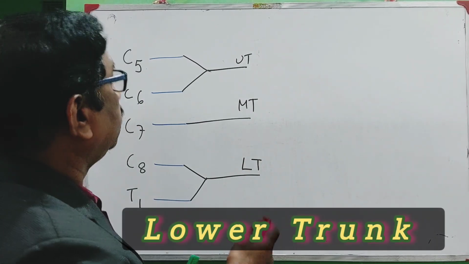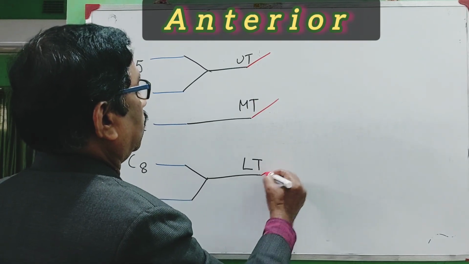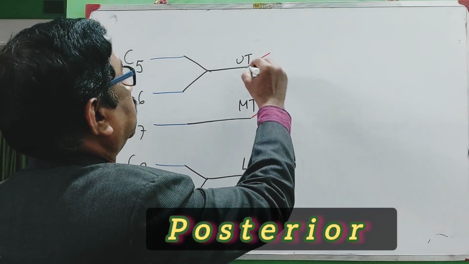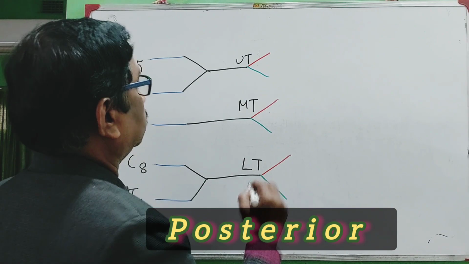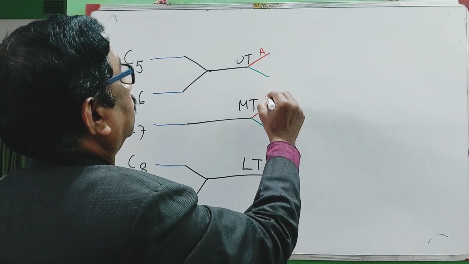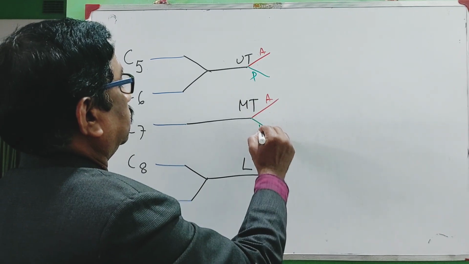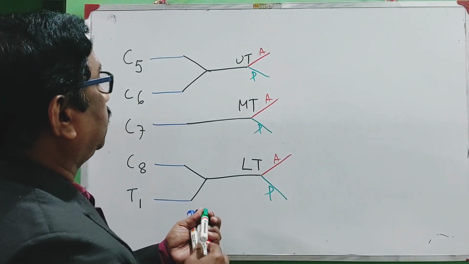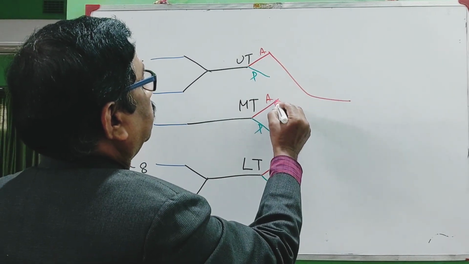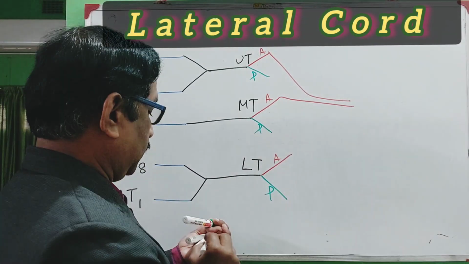Each trunk again divides into anterior division, the red color, and the posterior division, the green color, like this. So, all red are anterior divisions, and all these are posterior divisions. The anterior division of the upper trunk and the anterior division of the middle trunk form one cord, that is called the lateral cord.